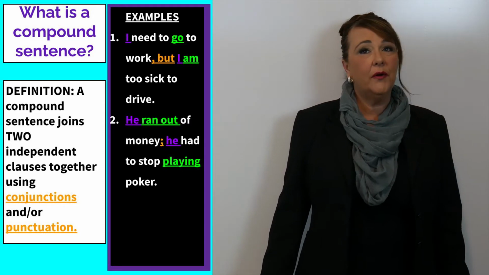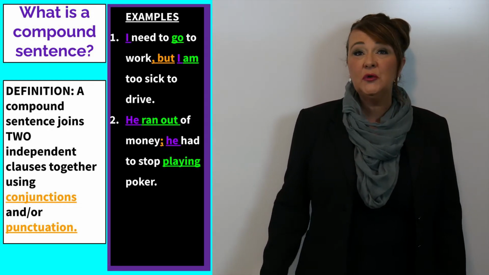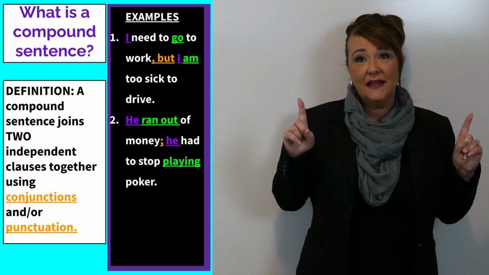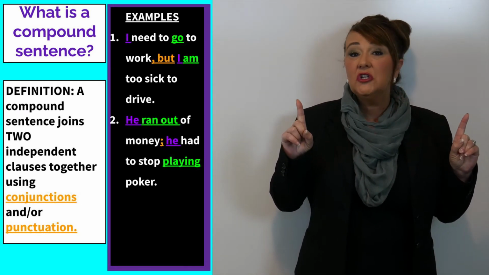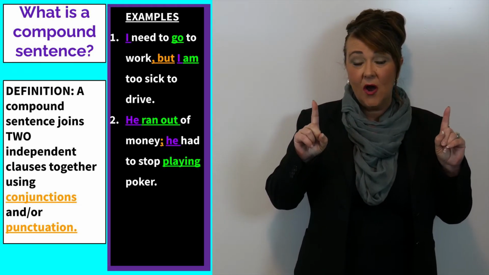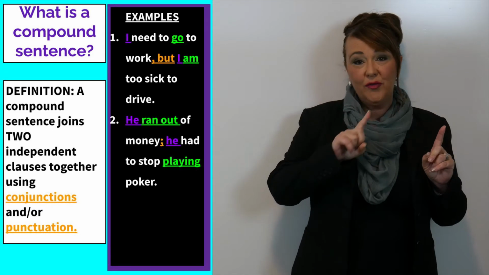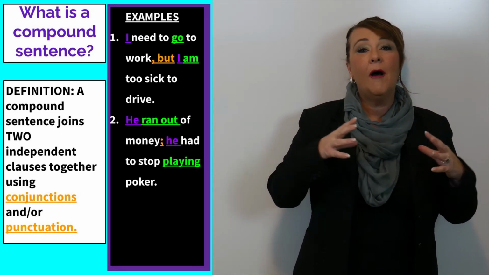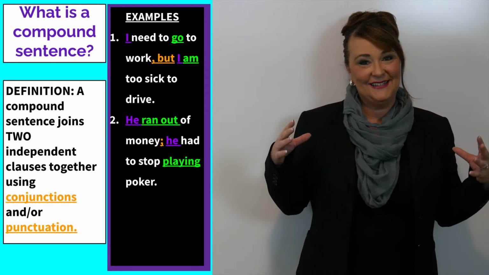For example, "I need to go to work, but I am too sick to drive." Do you see how those 2 simple sentences are joined together with punctuation and a conjunction, making a compound sentence?